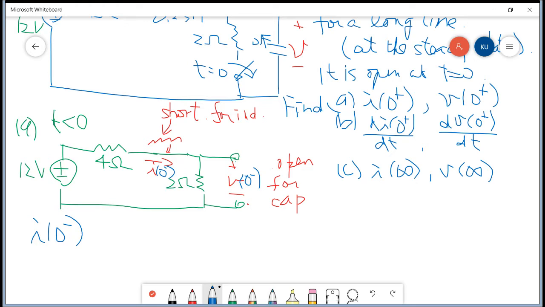I(0-) is 12 volt over 4 plus 2 ohm. So this is 4 ohm, this is 2 ohm. So it will be 12 over 6, which is 2 A. And the current for the inductor is continuous. So we know that I(0+) is 2 A.